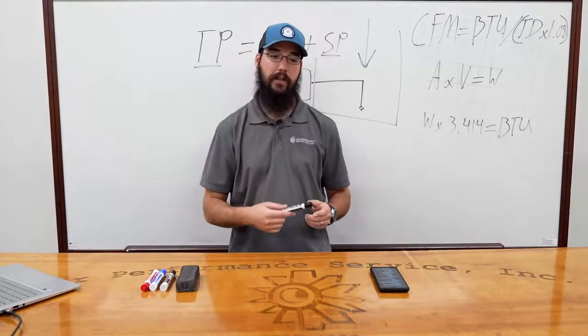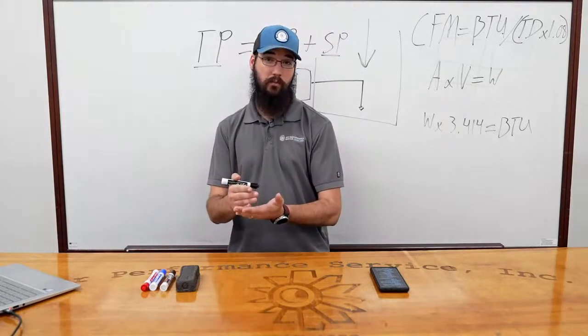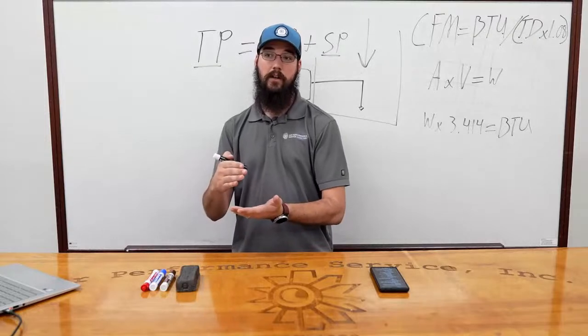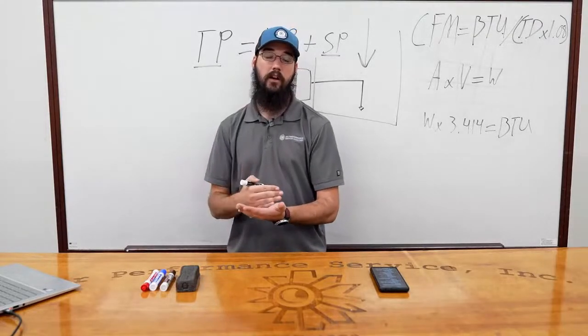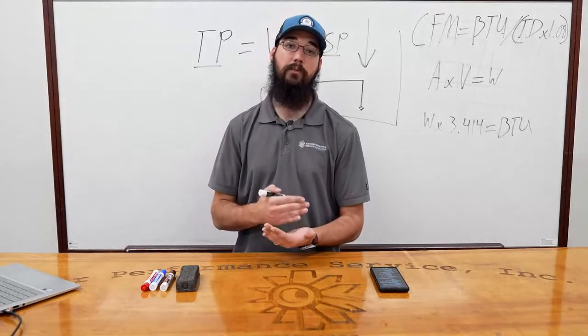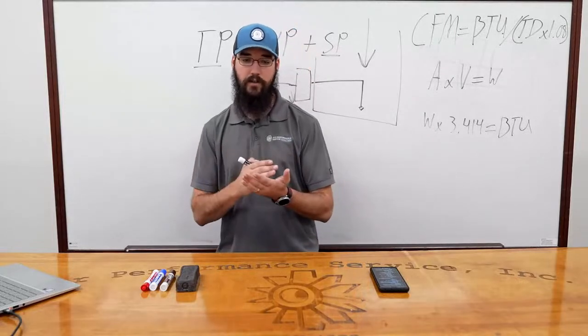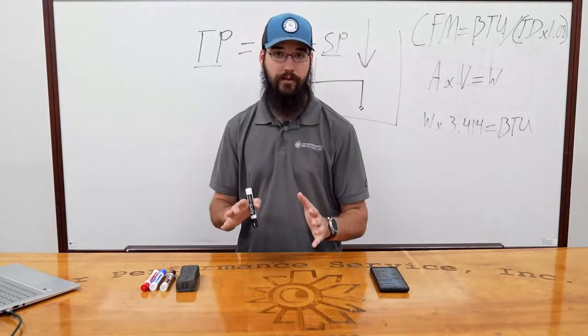Something about TXVs, if you don't know: especially Sporlan ones, I think it's across the board, they have the ability to derate themselves as much as 30%, a lot of them, not all of them. That's not a hard set number, but 30% is an average.